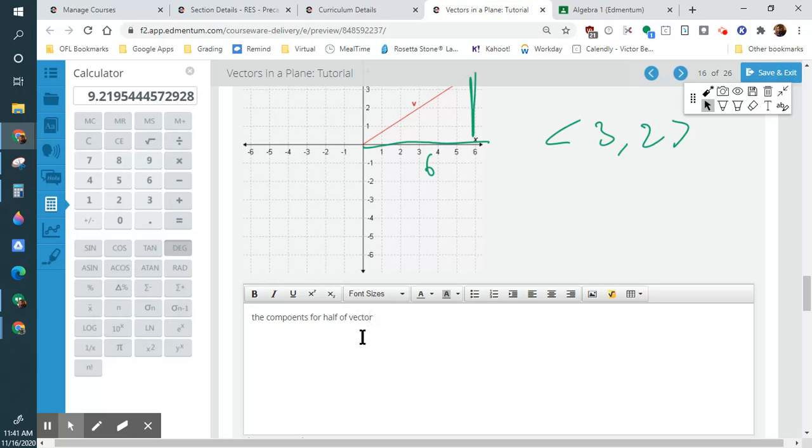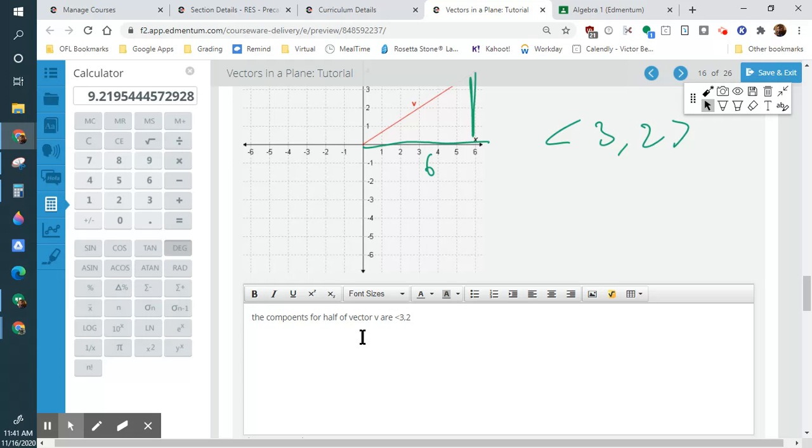So when we do this, the components for half of vector V, or I should say the components, proper English, of vector V are <3, 2>.